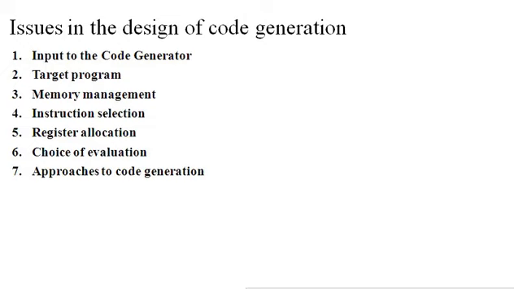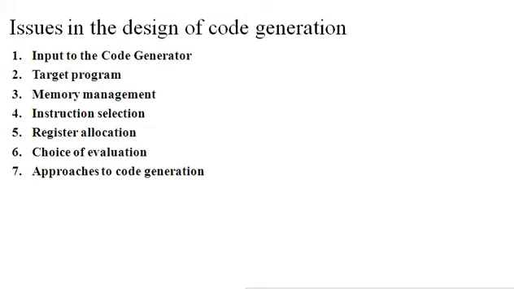During register allocation, we select the set of variables that will reside in registers at a point in the program, and during a subsequent register assignment phase, we pick the specific register that a variable will reside in. Finding an optimal assignment of registers to variables is difficult. Mathematically, that problem is NP complete.